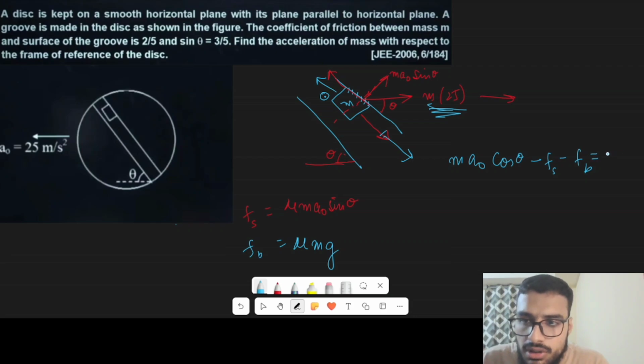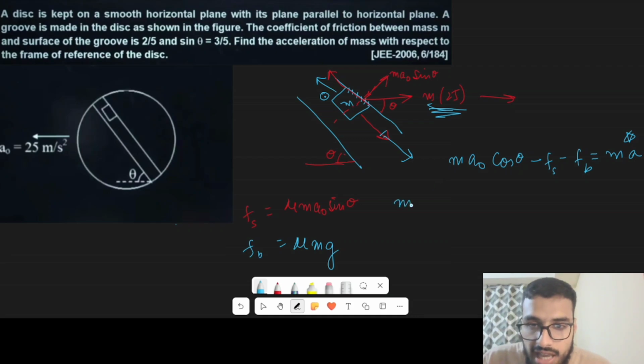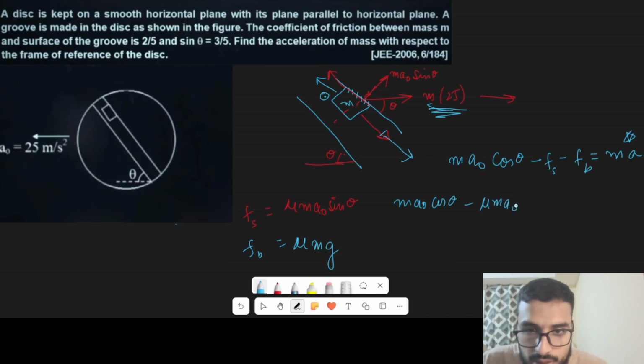This should equal mass times the acceleration we want to find. So m a naught cos theta minus mu m a naught sine theta minus mu mg is equal to m a. The m's cancel.